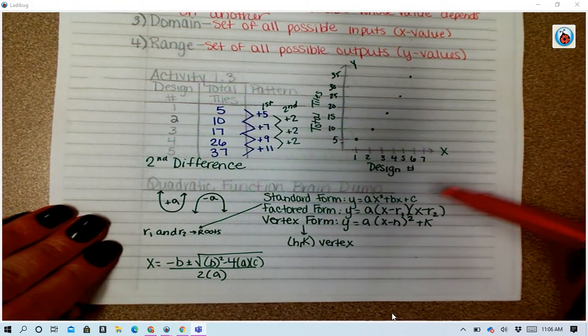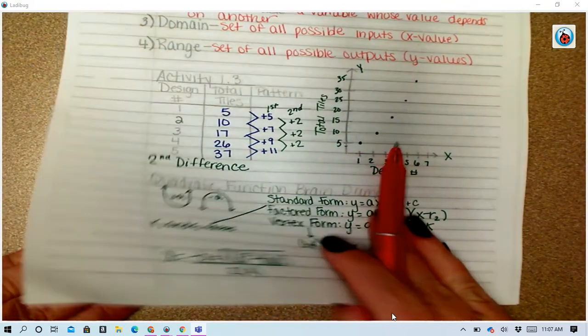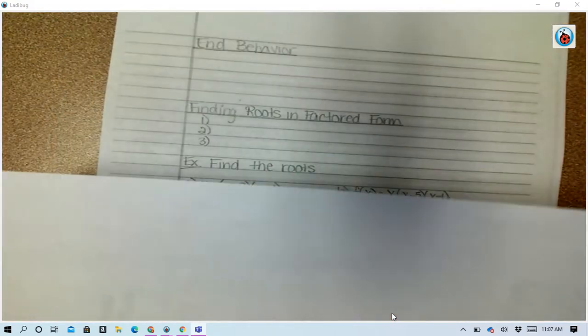Okay, so onto the back, we're going to talk about end behavior. And end behavior, if you know the basic rule for end behavior, you can make all kinds of assumptions based on the exponent that a function has.